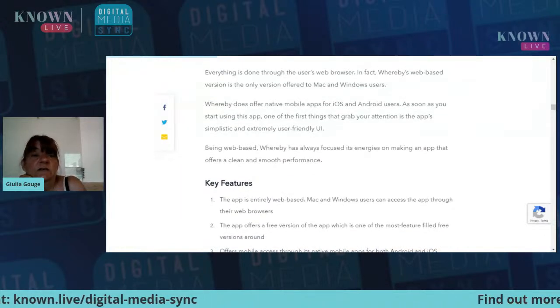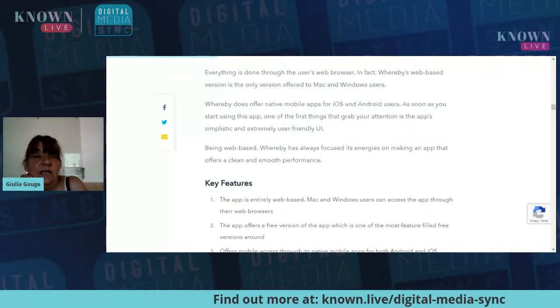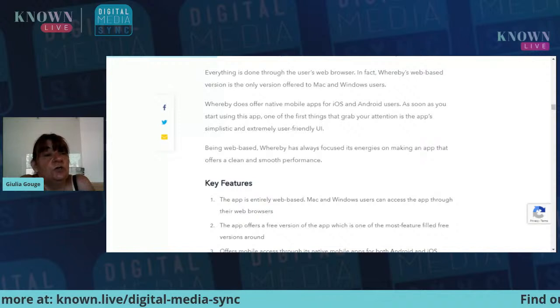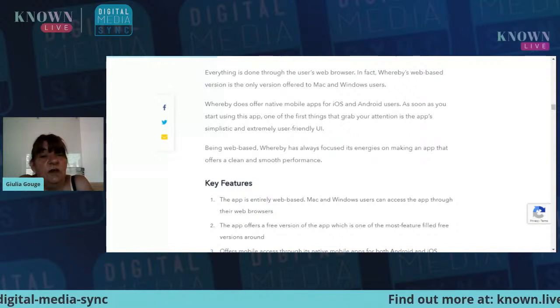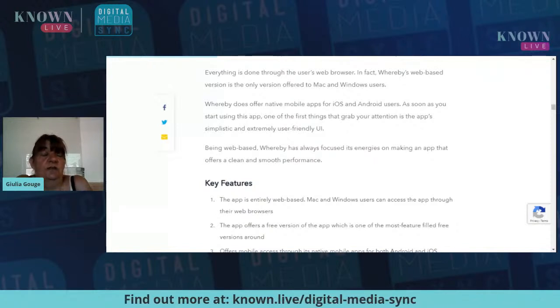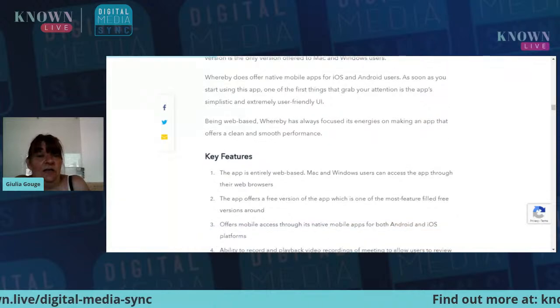So Whereby does offer native mobile apps for iOS and Android users. As soon as you start using this app, one of the first things that grabs your attention is the app's simplistic and extremely user-friendly UI. So already I'm like, maybe I want to take a look at this too.